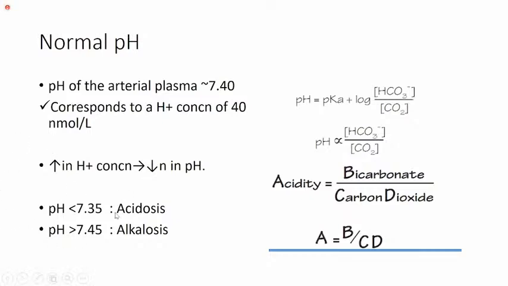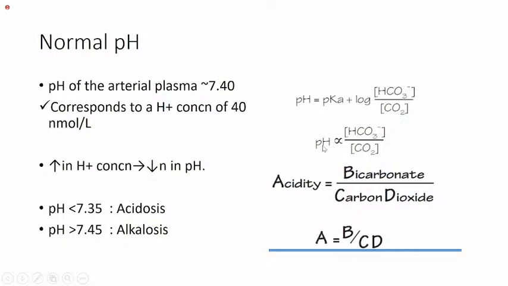So when we have a pH less than 7.35, we call that acidosis, and a pH more than 7.45 is alkalosis. We go back to our formula for calculating pH. We said it is equal to pKa plus the log of the bicarbonate divided by the concentration of the CO2.